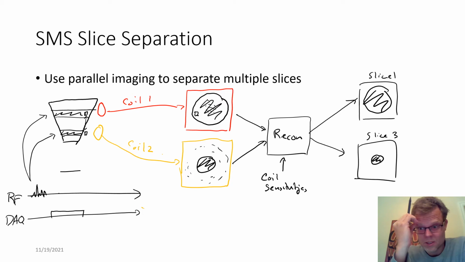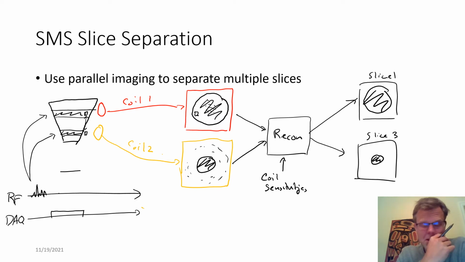The key here is that we're going to use the different coil sensitivities in the slice direction to do basically a parallel imaging type reconstruction and recover both of these slices.